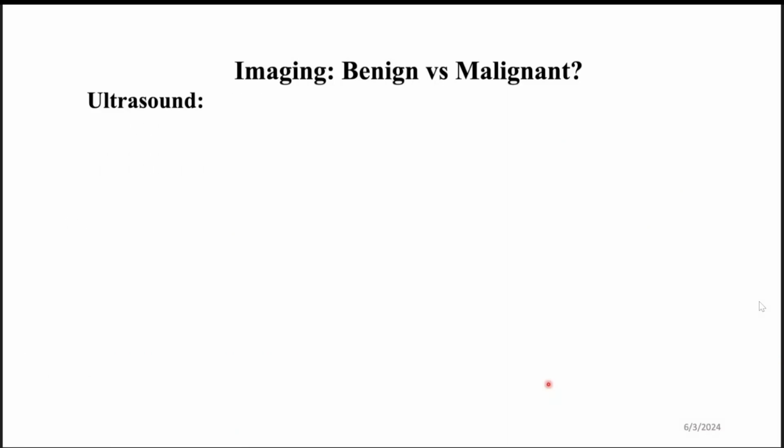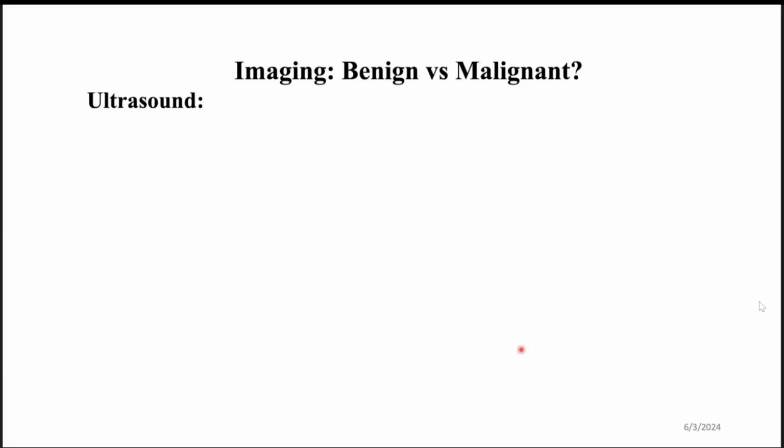Okay, so if you have a lesion, how do we differentiate benign versus malignant features on ultrasound for these nodules? I want to begin by saying we can't really say 100% that this lesion is benign or this lesion is malignant.